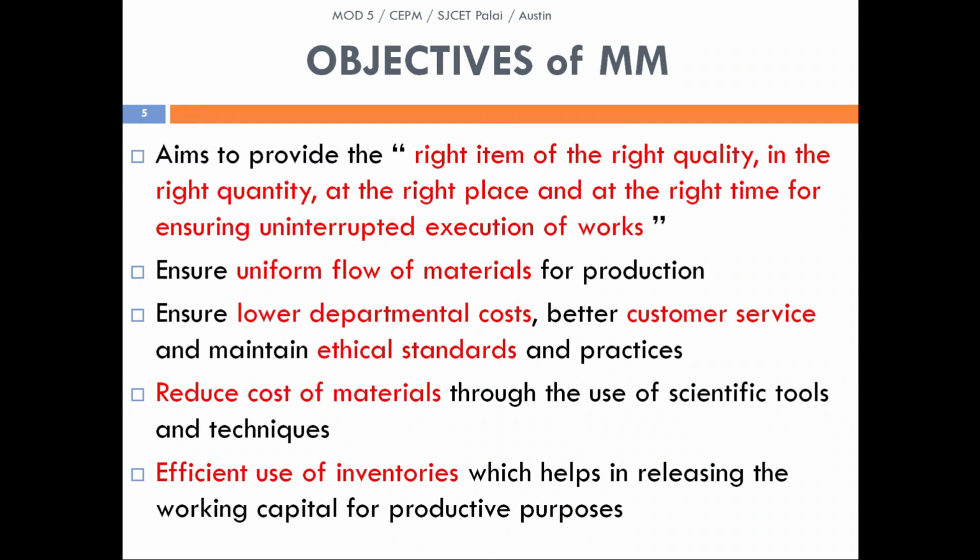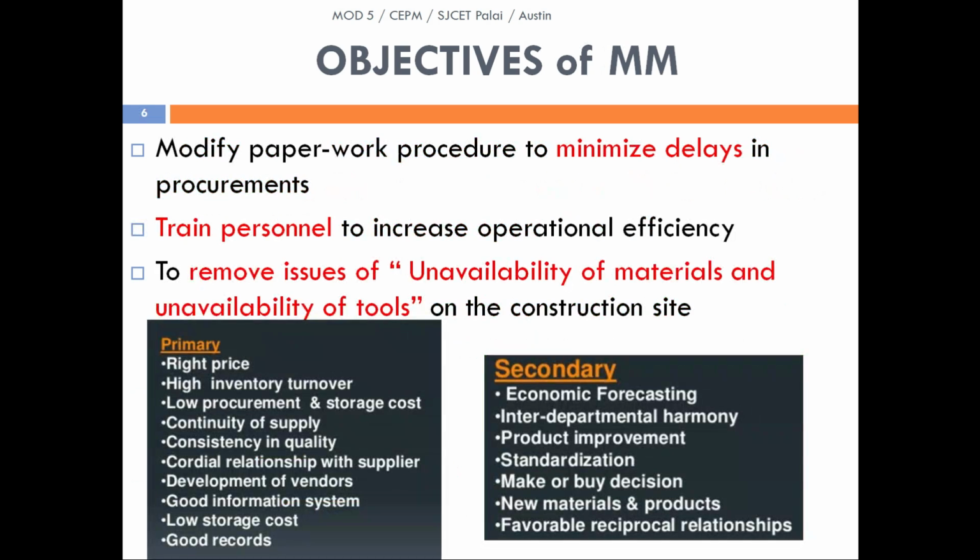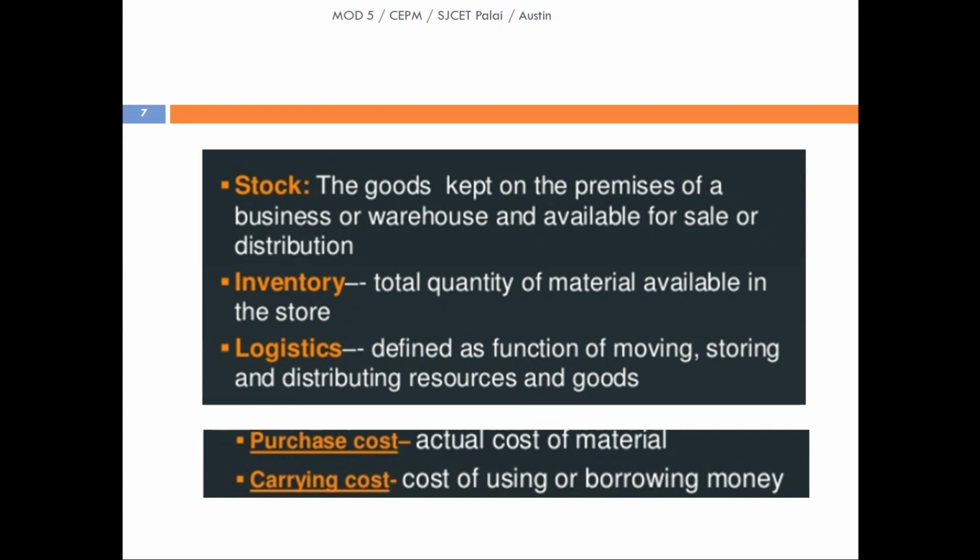So these are the major terms which we see as the objectives of material management, and all this can be summarized in the first point itself. 5 rights: right item, right quality, at the right place and at the right time, without interruption to the execution of the work.